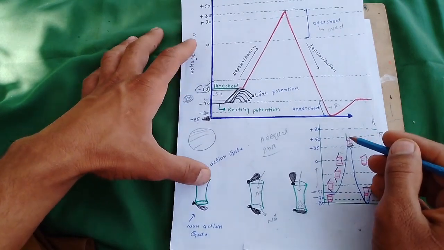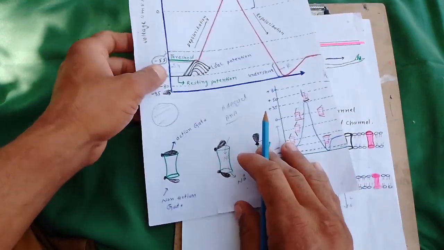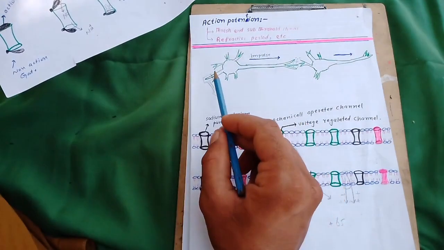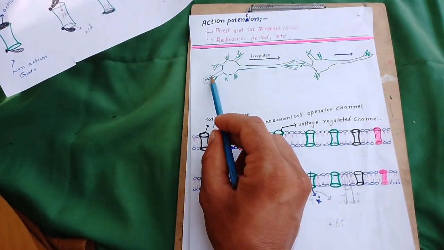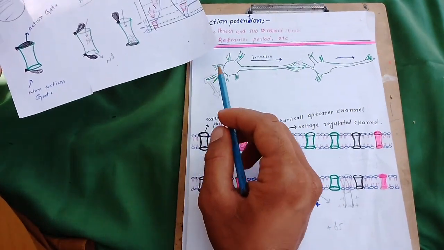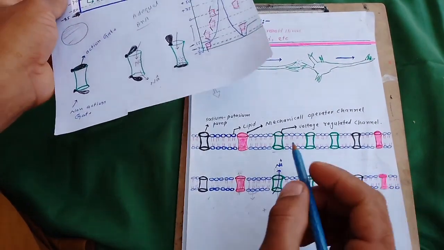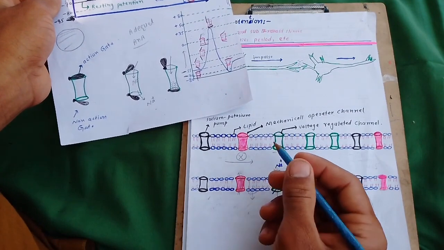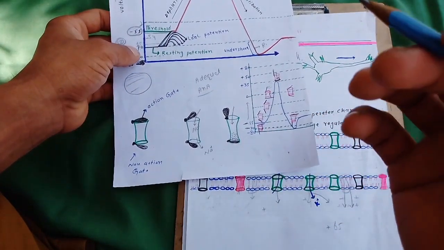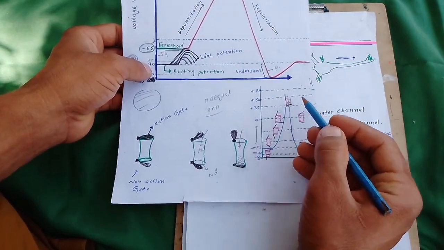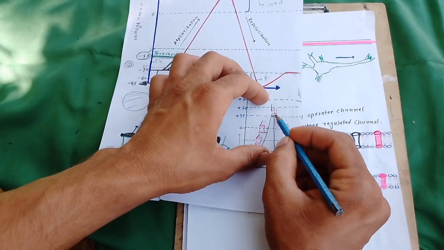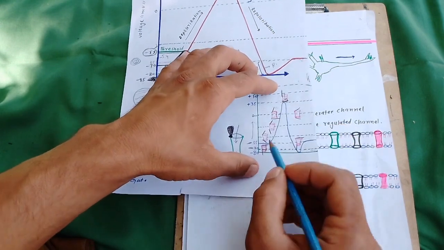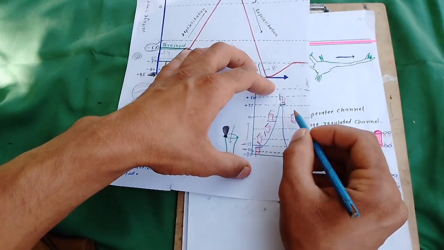So at this time, when we give another stimulus to this area, the neuron does not undergo another depolarization at this point, because this gate is open and this gate is closed. This is the inactive state, but this is the active state.